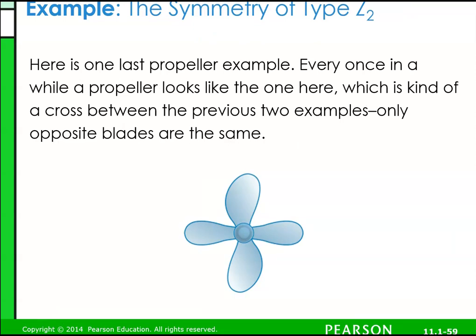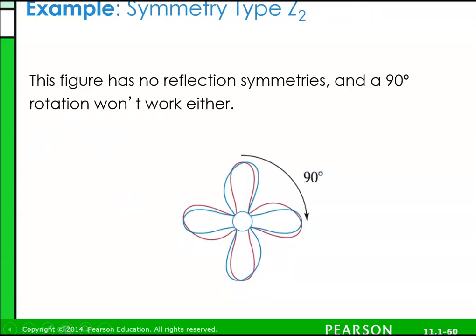And now we're going to go back to the propeller. Now you can see the top and the bottom blades are the same, and the ones on the right and left. So how does that modify any reflection or rotation symmetries? Well, it still doesn't have reflections, but now it does change the rotations. 90 degrees won't work either because the top one is different than the one on the right.